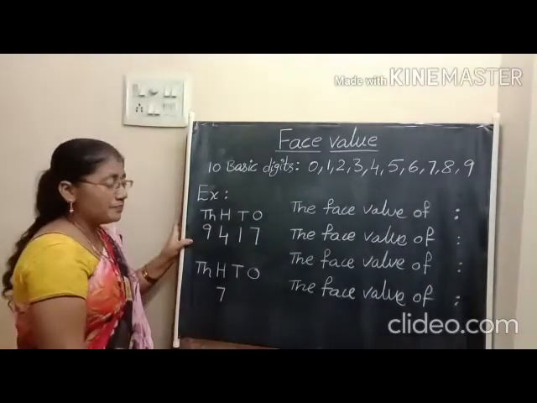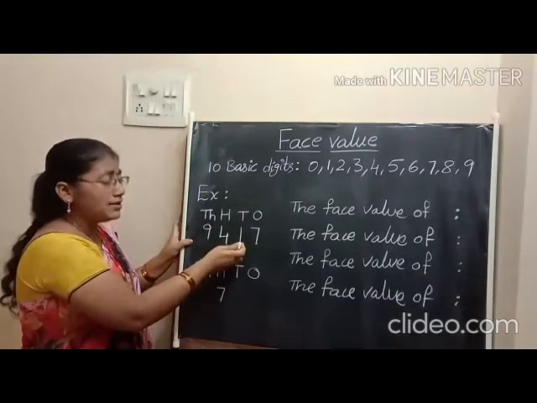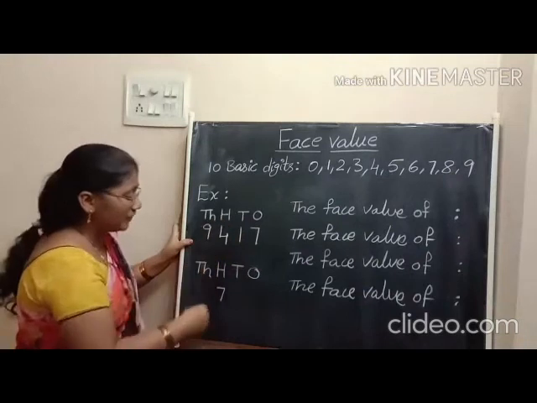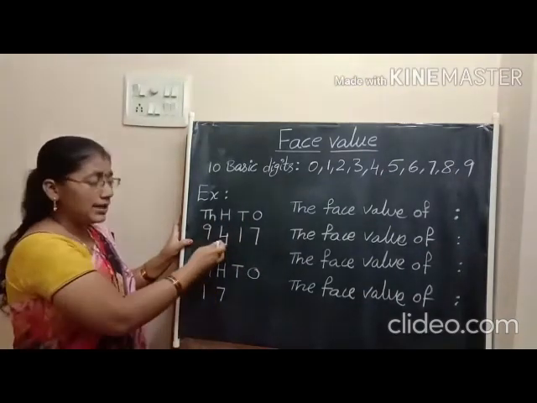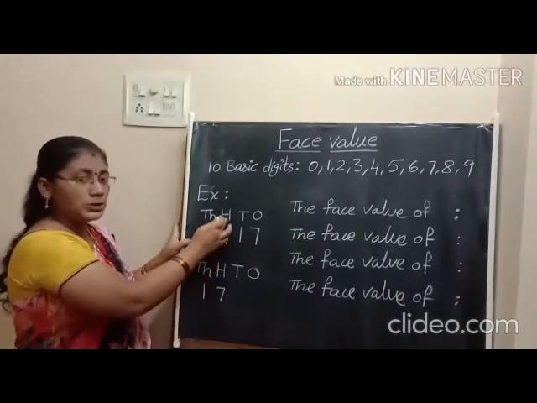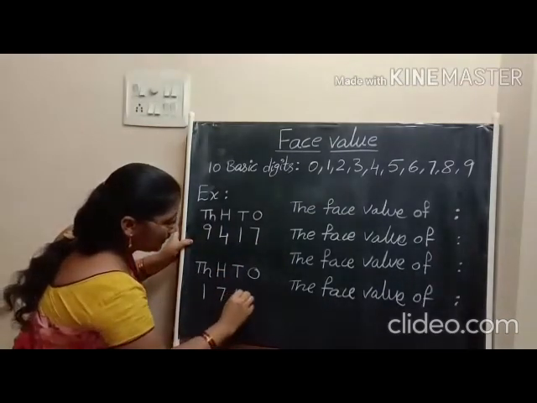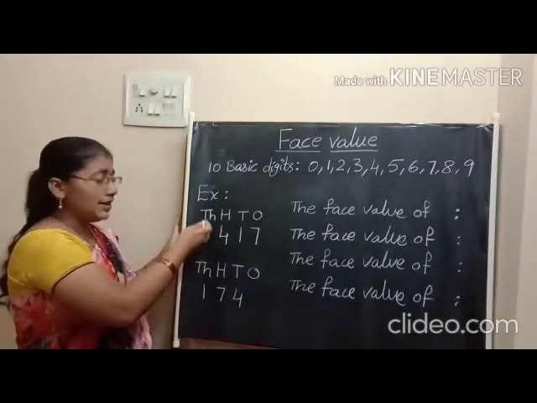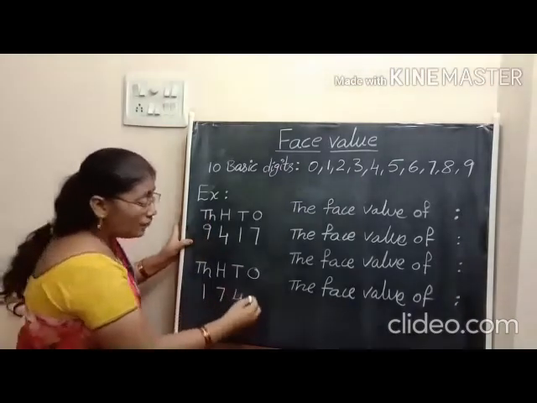Next, in the first example, 1 is in tens place. Now I am writing 1 in thousands place. The next digit in the previous example is 4. 4 is in hundreds place. Now I am taking 4 in tens place. The last digit 9 is in thousands place, but I am taking it in ones place.